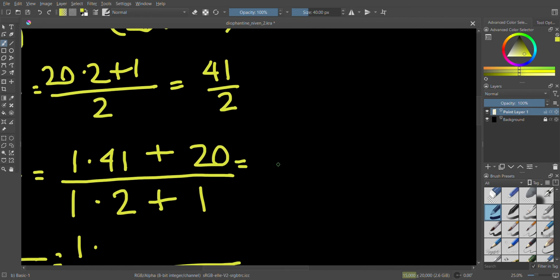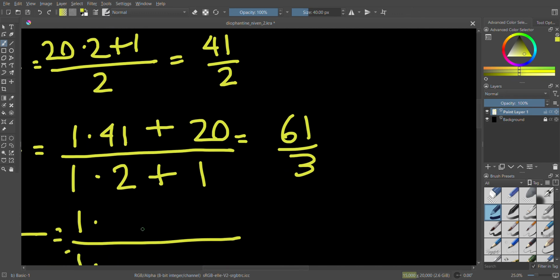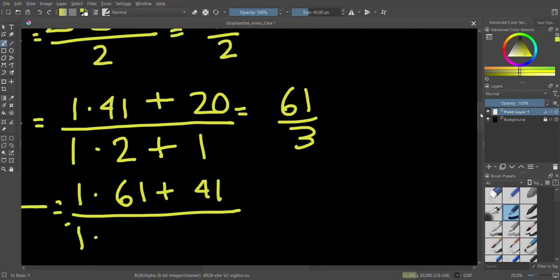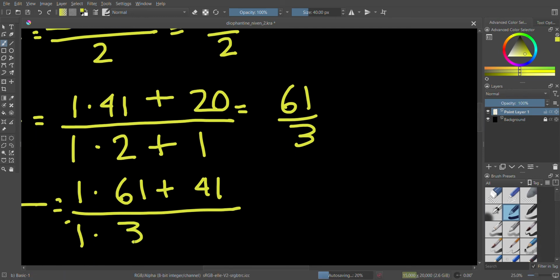So this is equal to 61 over 3. Then as long as I have the nearest ones, I can fill them out pretty quickly. So 61 plus 41, then 3 and 2. So this is 102 over 5.